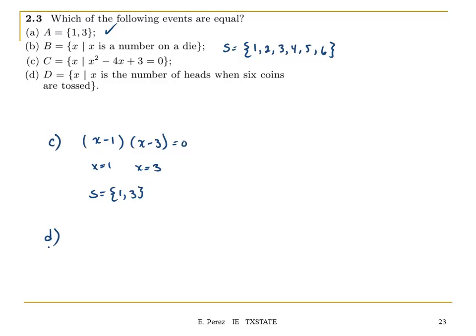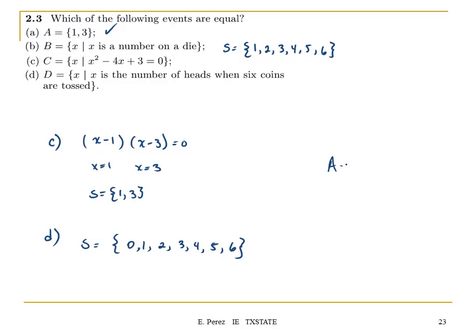Part D is the number of heads when 6 coins are tossed. So your sample space will go from 1, 2, 3, 4, 5, 6. Are those the only options? Correct. So you have 0 as well. Okay. So which sets are equal?